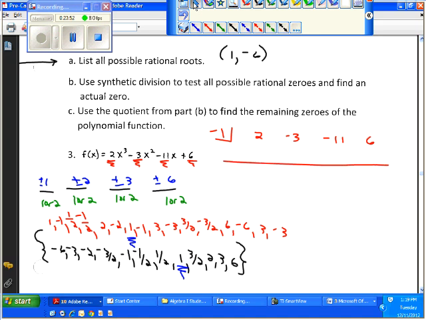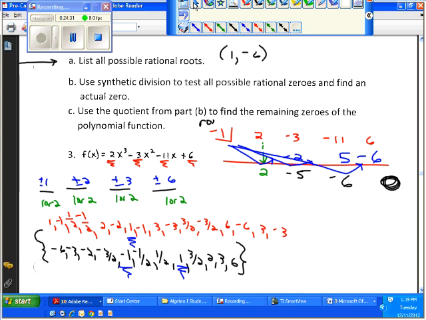So we'll just try the root of negative 1. So we're going to bring down, we're going to multiply, we're going to add, we're going to multiply, we're going to add, we're going to multiply, we're going to add, we got a remainder of 0, so we got a hit.